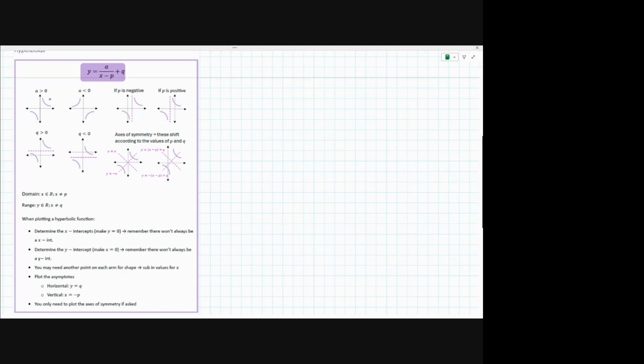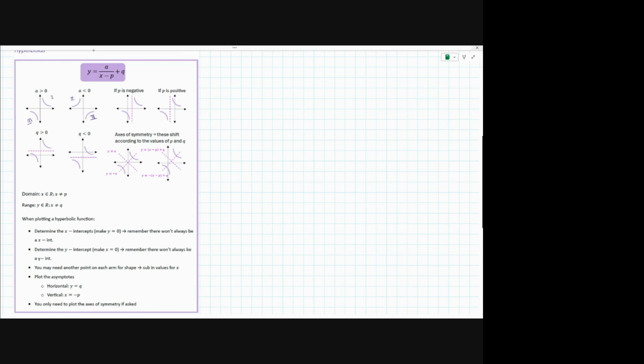If a is positive, you're in quadrant 1 and quadrant 3. If a is negative, you're in quadrant 2 and quadrant 4. We know that there are asymptotes involved. Depending on whether you shift left or right, you will have a vertical asymptote, and depending on whether you shift up or down, a horizontal asymptote.